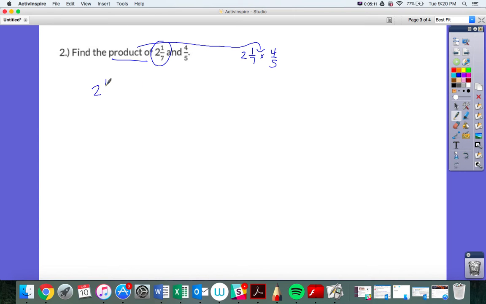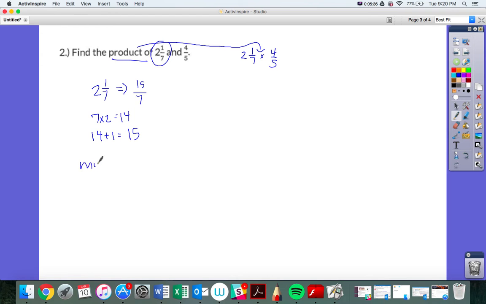So let me write this 2 and 1 over 7 off to the side. I'm going to multiply my denominator by my whole number. So that's going to give me 7 times 2, which equals 14. And I'm going to add my numerator, which is 1. That's going to come from right here. And that'll give me 15. So my new number is going to be 15 over 7.